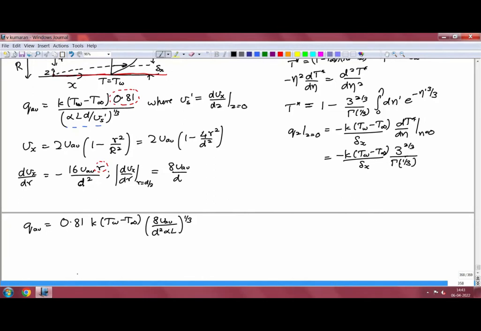And the Nusselt number is defined on the basis of the pipe diameter. So, the Nusselt number is defined as Q average by K into T w minus T infinity by D, defined using the length scale as the diameter of the pipe. So, this is equal to 0.81 into D into 8 V average by alpha L D square whole power 1/3.